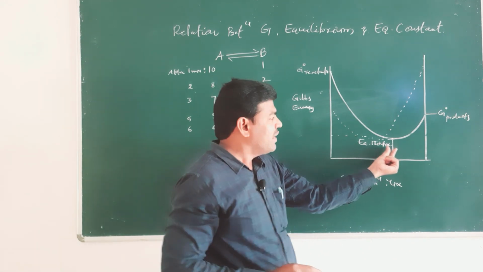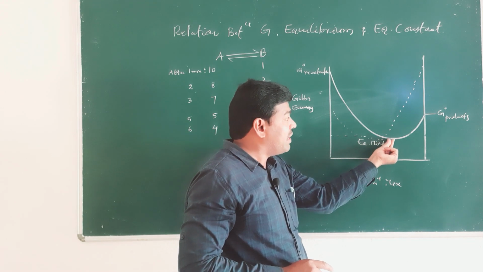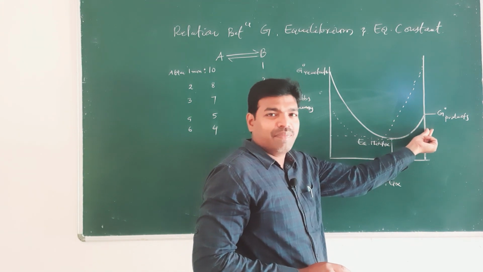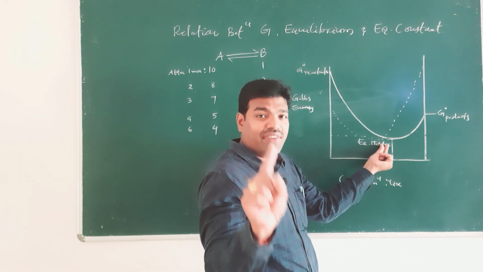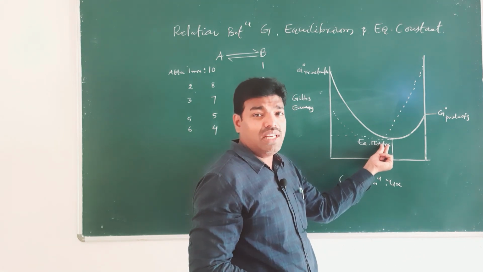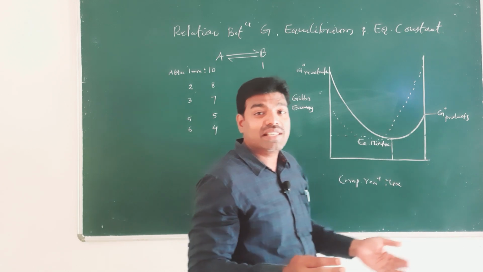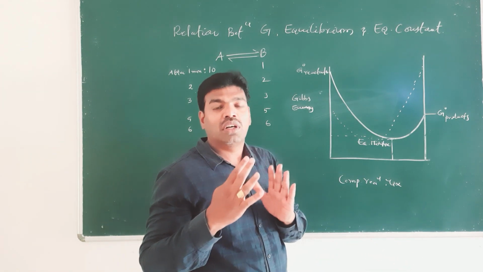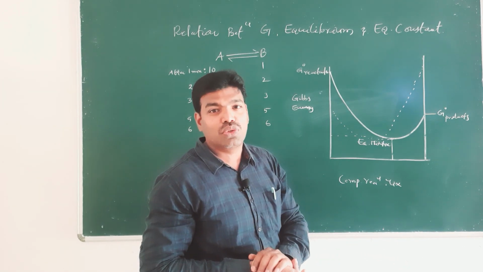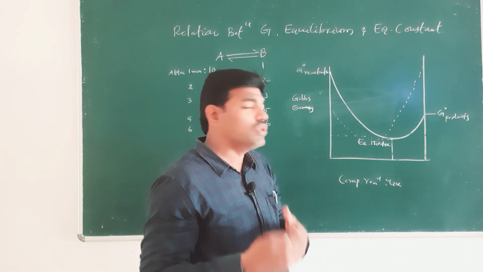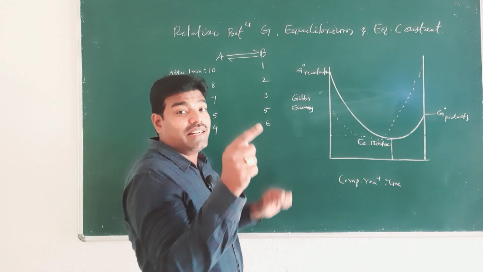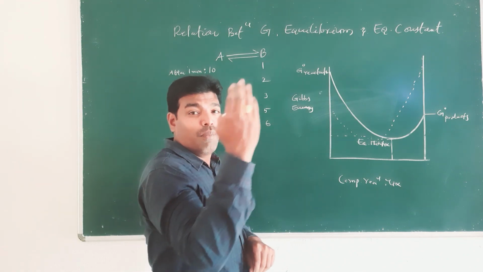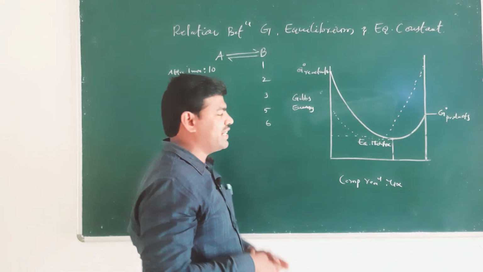I repeat, when the Gibbs energy minimum lies close to the products, the equilibrium mixture strongly favors products. That means the reaction goes to completion. When the reaction goes to completion, what do we obtain? Products. The concentration of the products becomes more than the concentration of reactants.